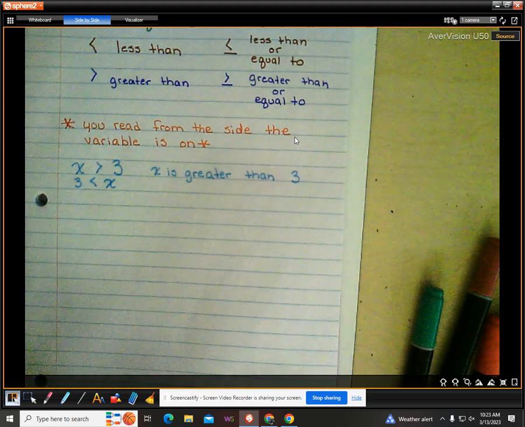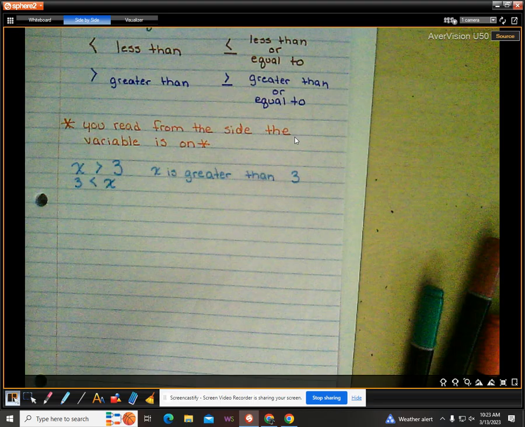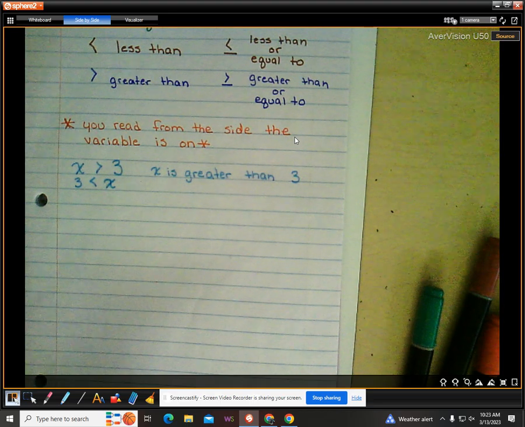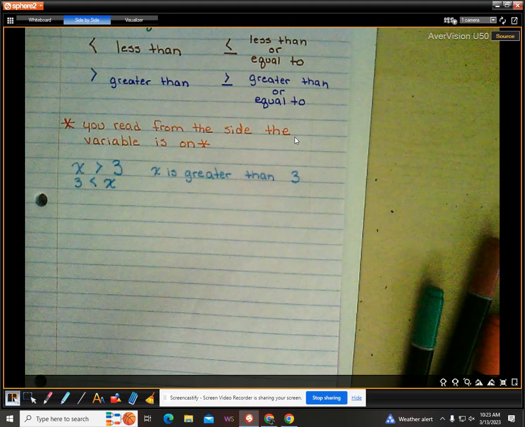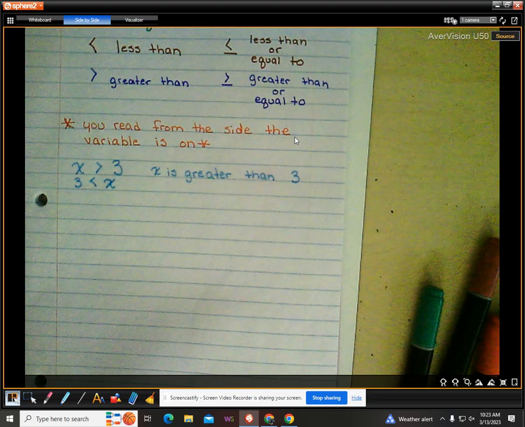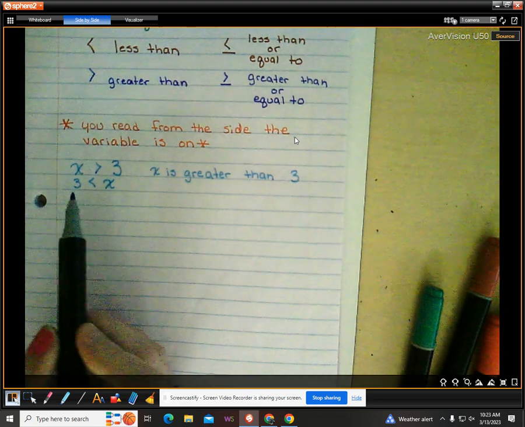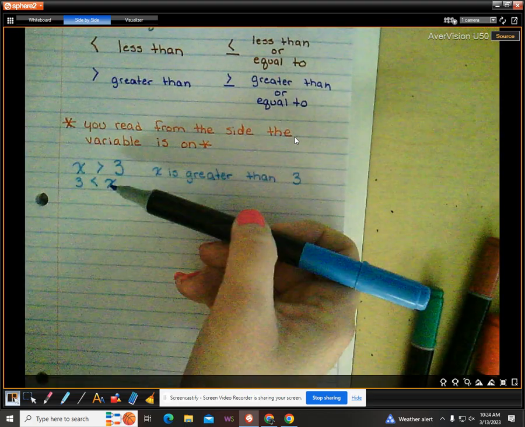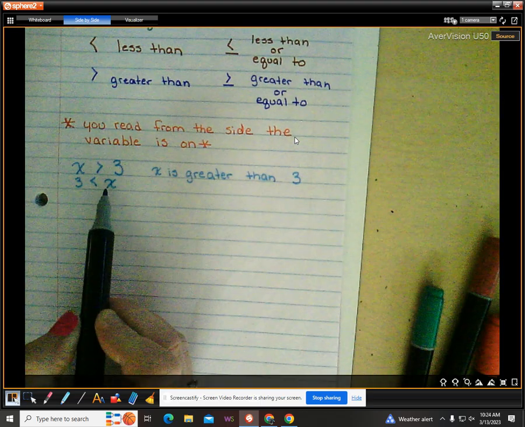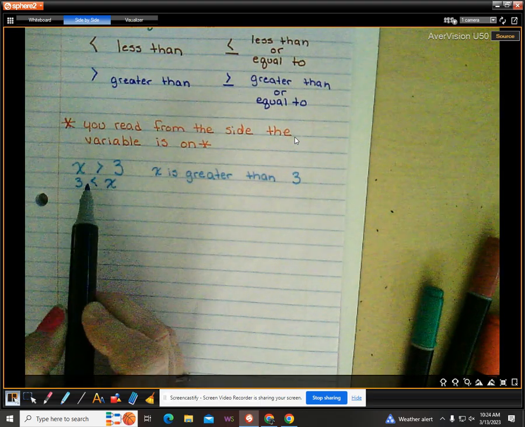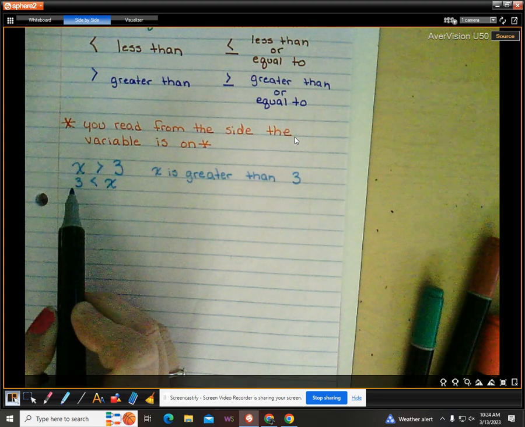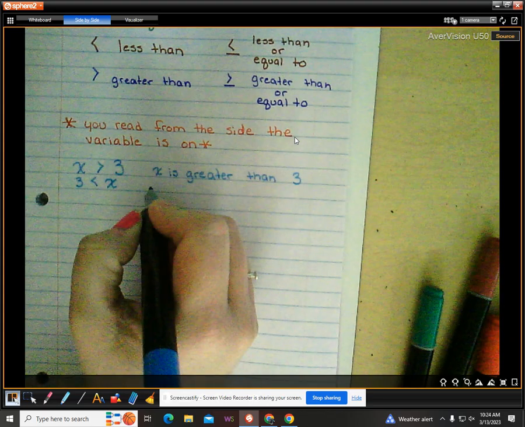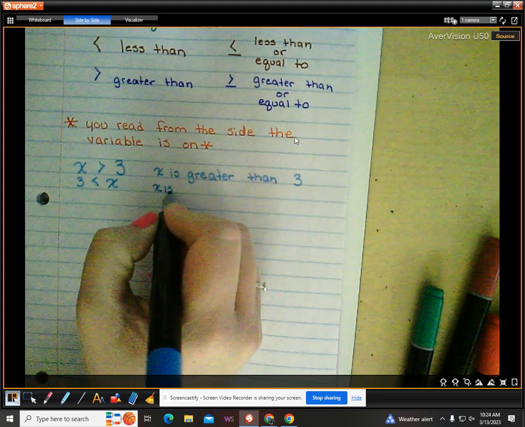Two different ways you can read this. And this is where inequalities can get confusing. If we read it from where the variable is, this would be x is greater than 3. Or you could read it differently.